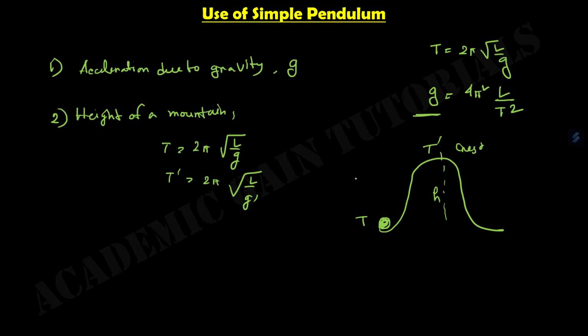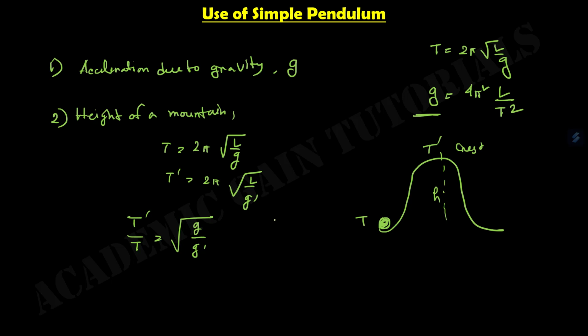Okay, so if I solve this equation, I will get T by T prime equals root over g prime by g, or g by g prime.